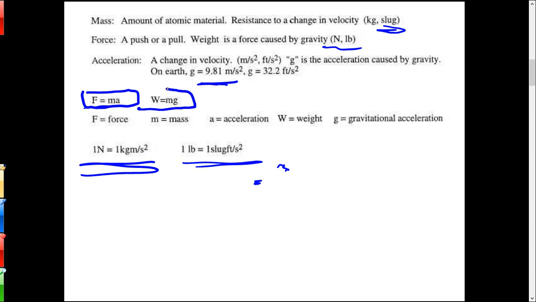There's a corollary to that, that weight, W, is mass times the acceleration due to gravity. Those 2 accelerations there. Okay, so when we work with those units, in the metric system the force is a newton. 1 newton is 1 kilogram meter per second squared. In the English system, 1 pound is 1 slug foot per second squared.